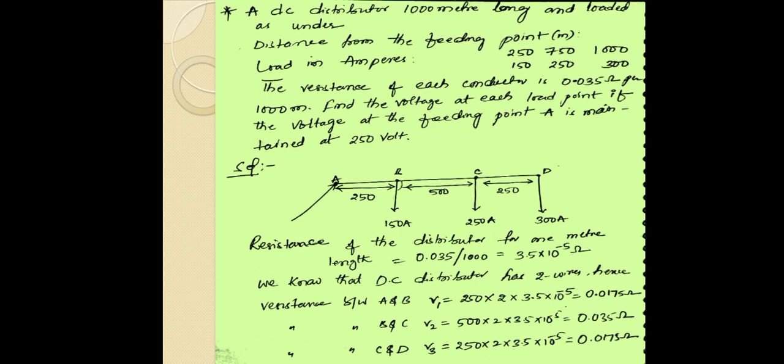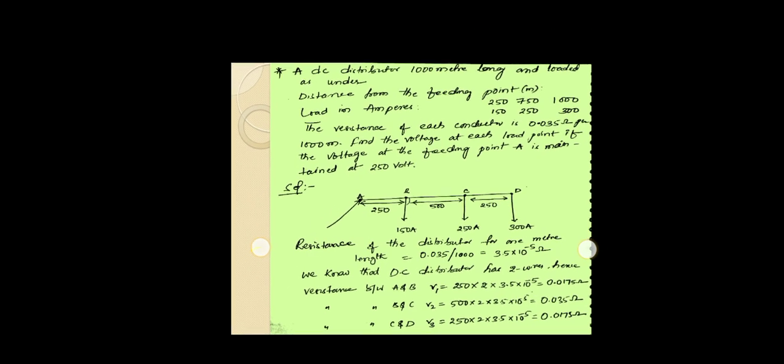At 1000 meters I am taking the tapping, that means the current is 300 amperes. Now the resistance of the distributor for 1 meter length: 0.035 divided by 1000 gives 3.5 into 10 to the power minus 5 ohms. As a DC distributor has two wires, we need to multiply by 2.